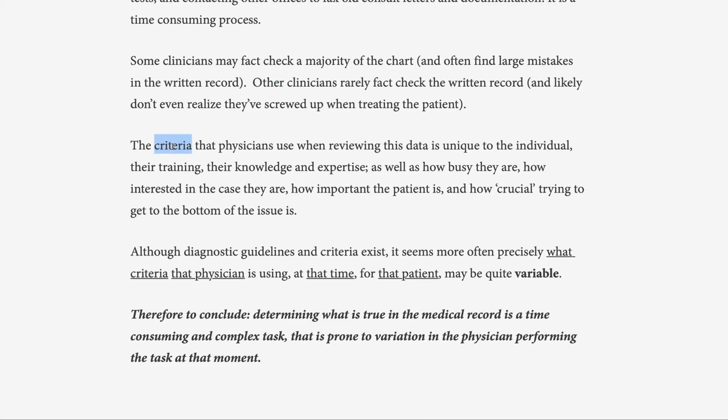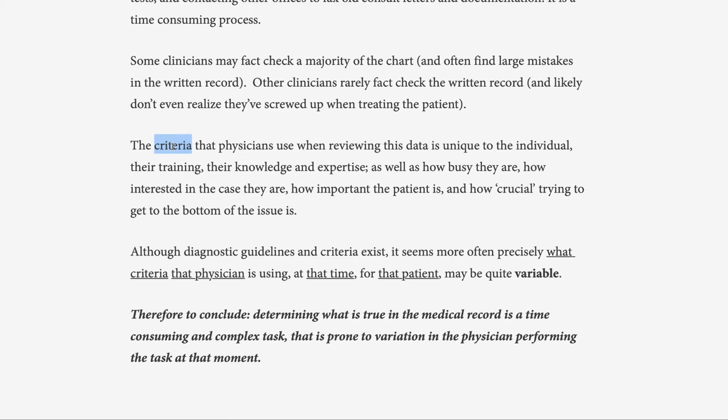And so the problem is that the criteria that each physician uses when reviewing the data is both unique to the individual, their training and their knowledge and expertise, as well as how busy they are, how interested they are in the case, how important that patient is to them, and how crucial trying to get to the bottom of the issue is.